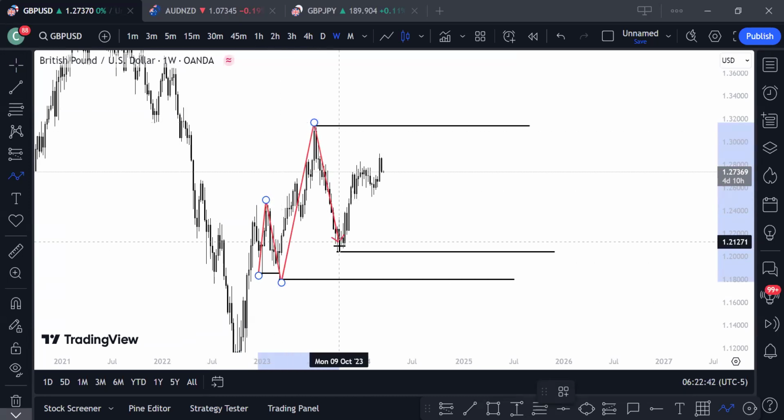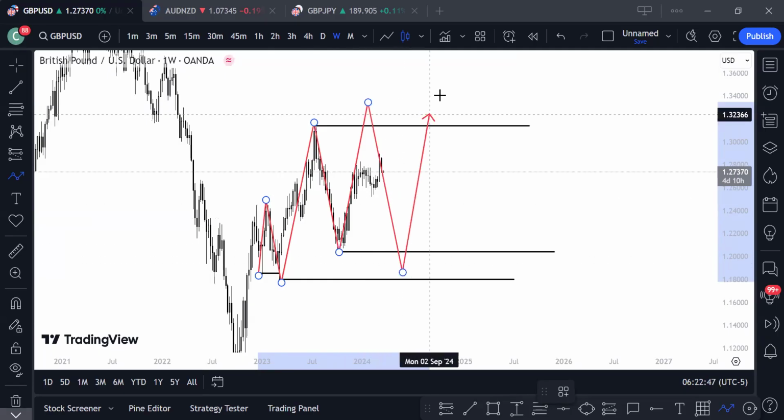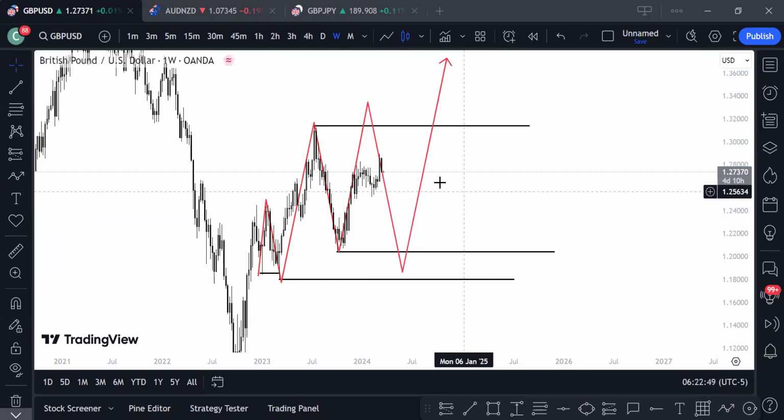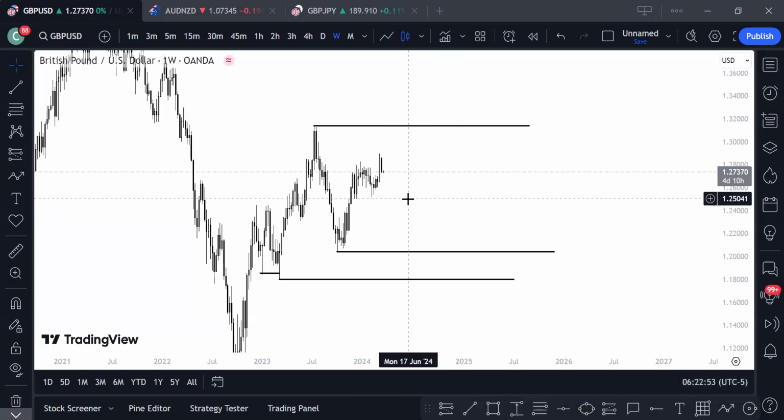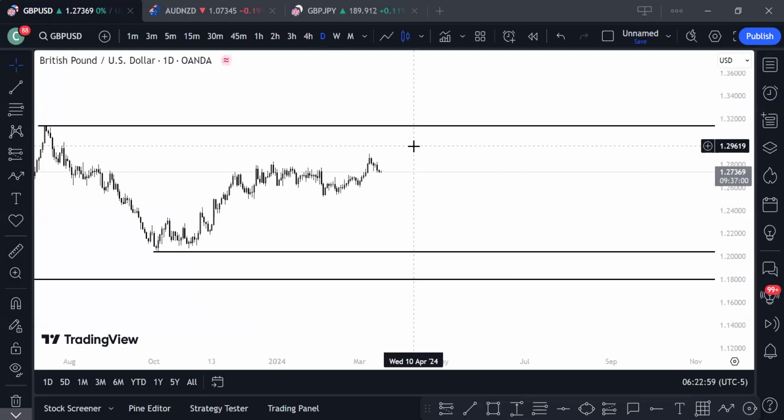Only if price does what? Takes this guy out, right? And then we have this, then this. So that is it. But right now, price has not done that. So let's go to the daily time frame. Let's see what's happening.